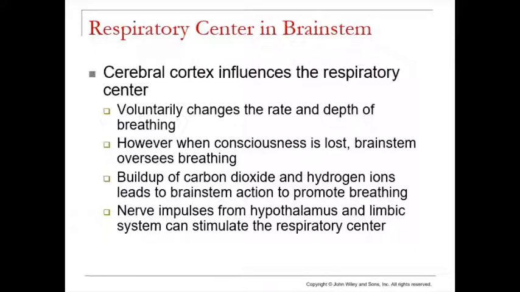But how does your body do that? For one, how does your body even know that you're trying to hold your own breath sometimes? How can your body notice when your oxygen and carbon dioxide levels change? Well, it can monitor it. Your body literally monitors your gas levels, mainly looking at carbon dioxide. Whenever you have a buildup of carbon dioxide, your brainstem will notice and it will promote breathing.